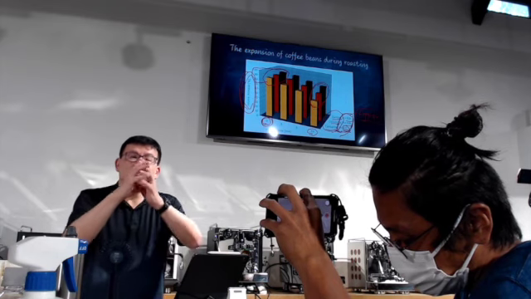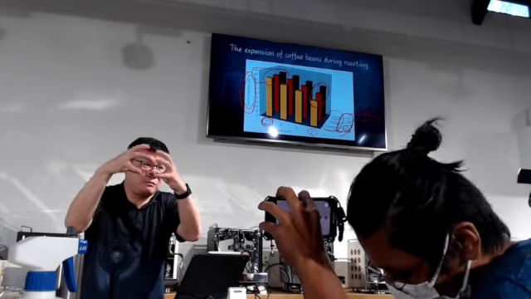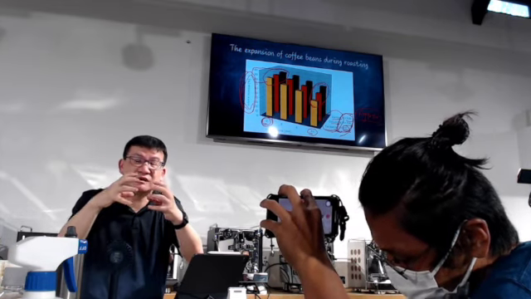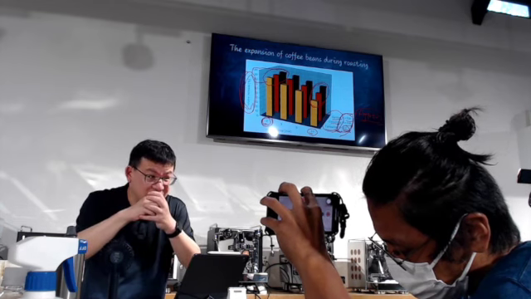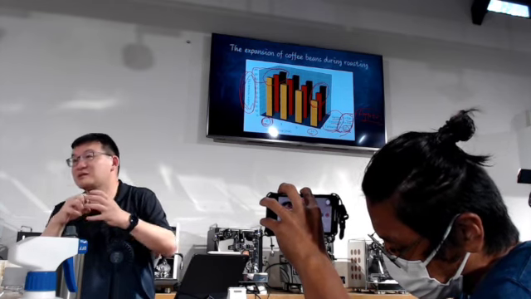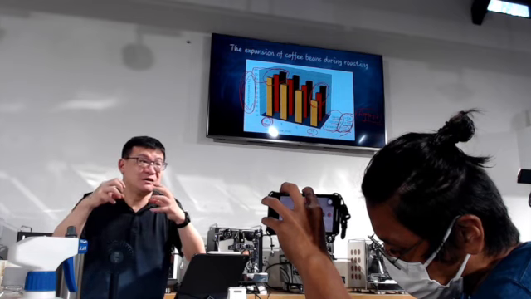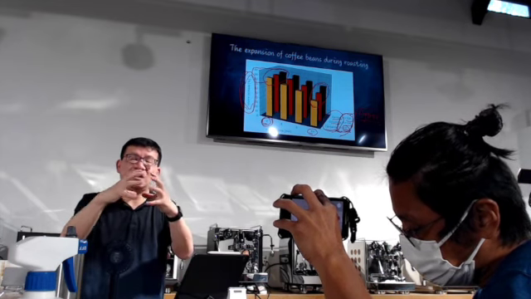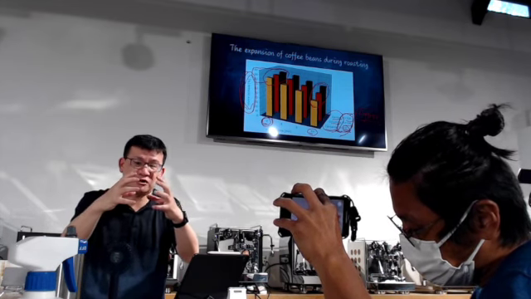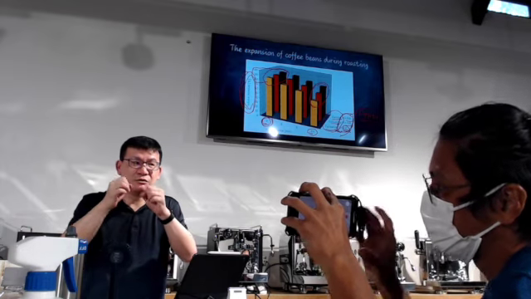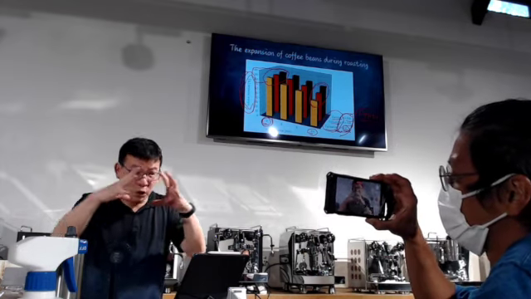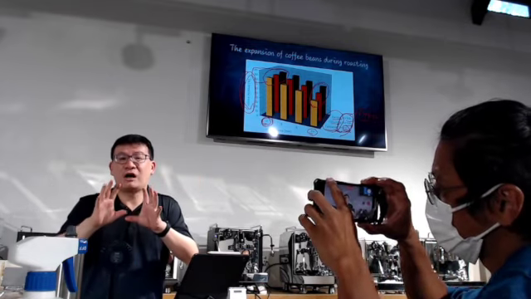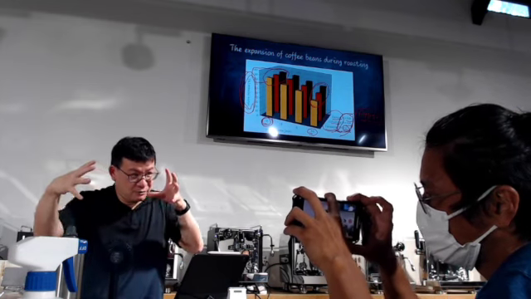Because in roasting, you see the beans swell. During roasting, there is some water inside the beans, and the water wants to become steam, so you have pressure inside the beans. The bean structure is like blowing a balloon. The harder you blow, the bigger the balloon will be.